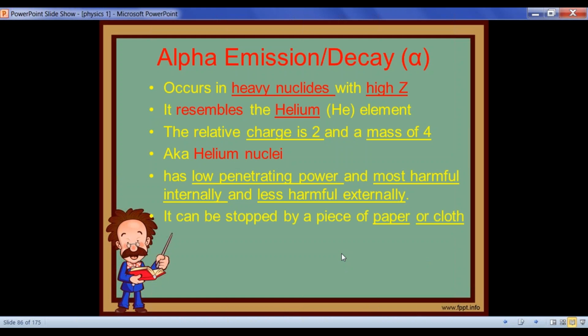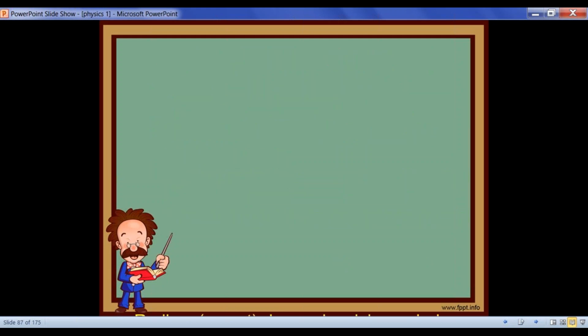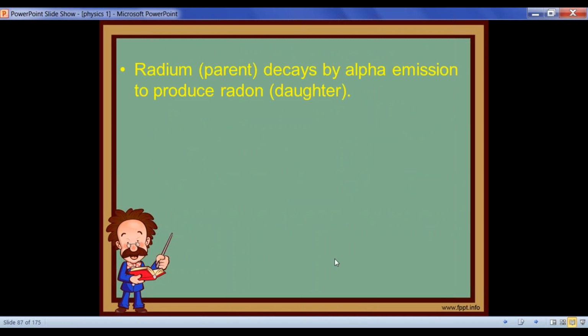So it has low penetrating power that it can be stopped by a piece of paper. Kahit papel lang po or damit natin, pwede siyang ma-stop. Kaya hindi po siya makaka-penetrate sa ating katawan. So radium, for example, decays by alpha emission. So the parent is the radium.